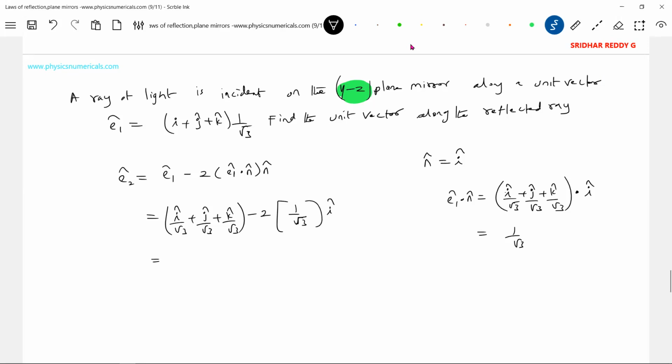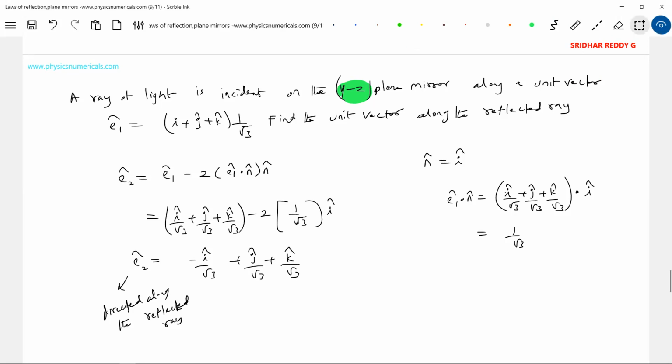So 1 minus 2 by root 3 I cap. Okay, this is the direction of the reflected ray, directed along the reflected ray.